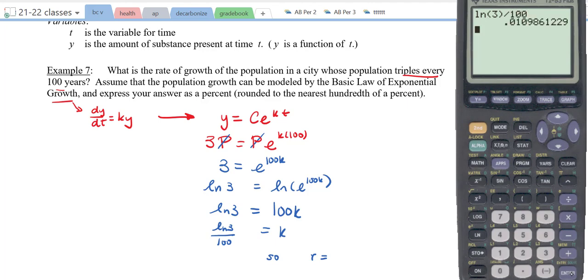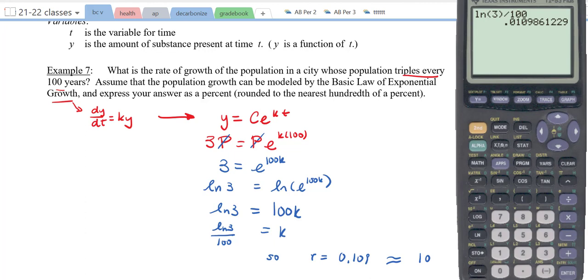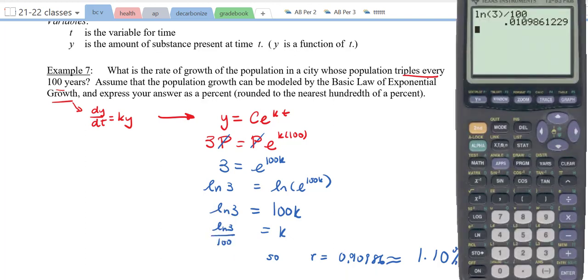That's about 0.0109, so about 1.10 percent. Okay, rounding, that's about 1.10%. Good.